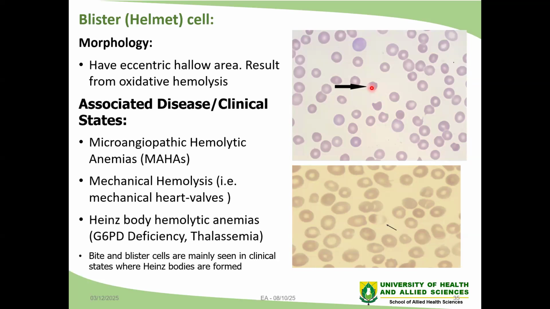All right. So in what conditions are we likely to come across this blister cell or helmet cell? Again, the same condition that I described earlier, that is the microangiopathy.